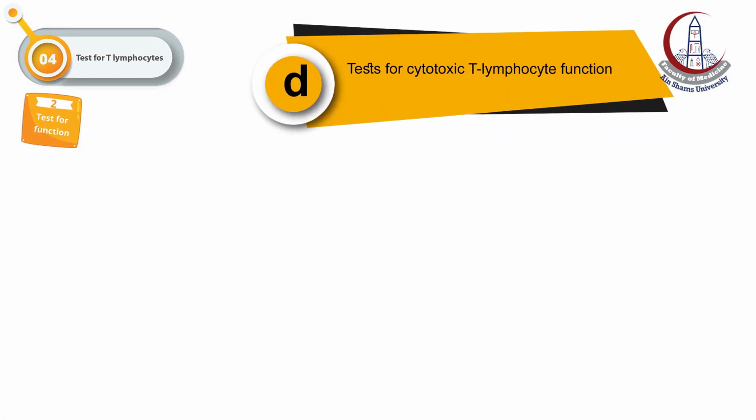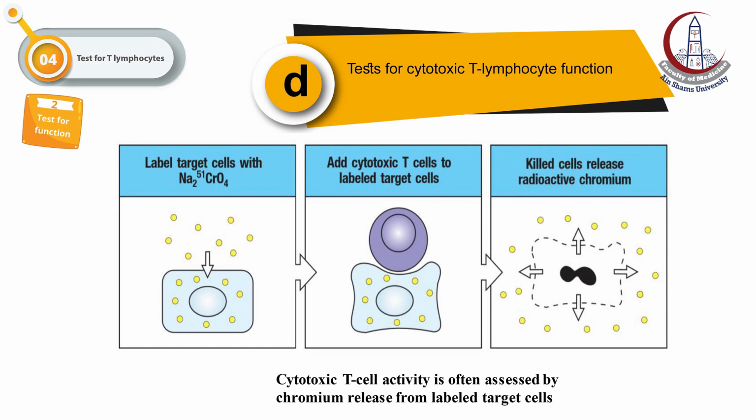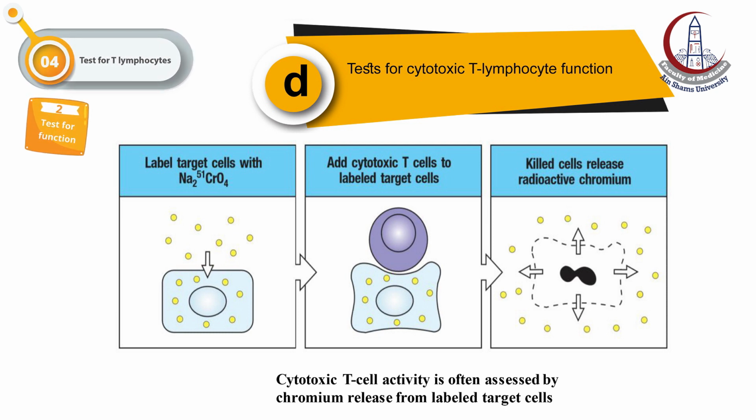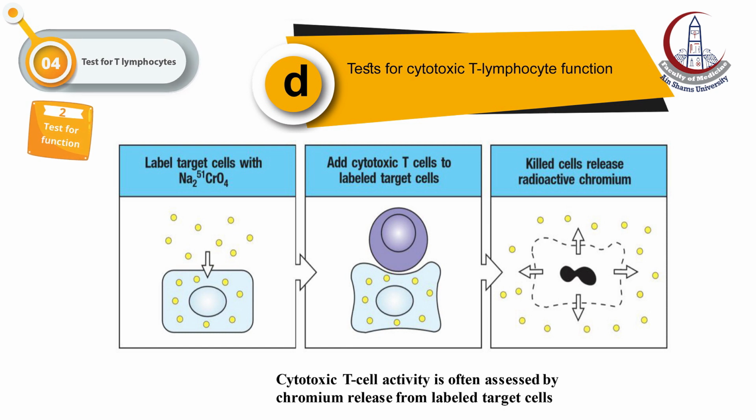To test for cytotoxic T lymphocytes, well, cytotoxic T cell activity is often assessed by chromium released from labeled target cells displaying foreign MHC class I antigens. Remember that the main function of cytotoxic T lymphocytes, CD8 positive T lymphocytes, is to attack and destroy target cells that are expressing the appropriate MHC class 1 molecule.